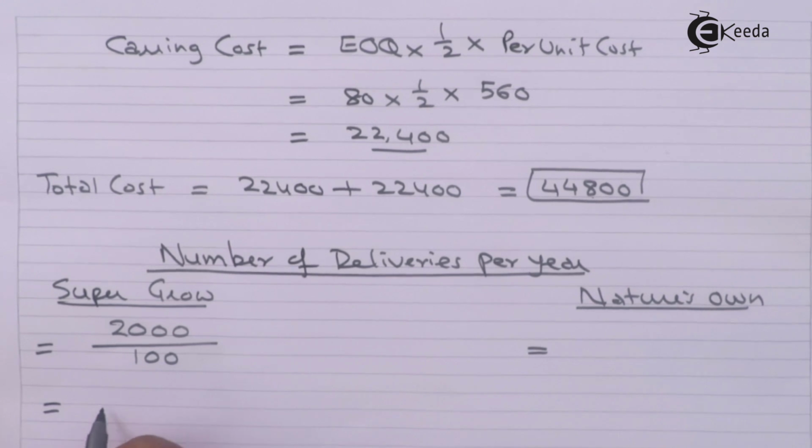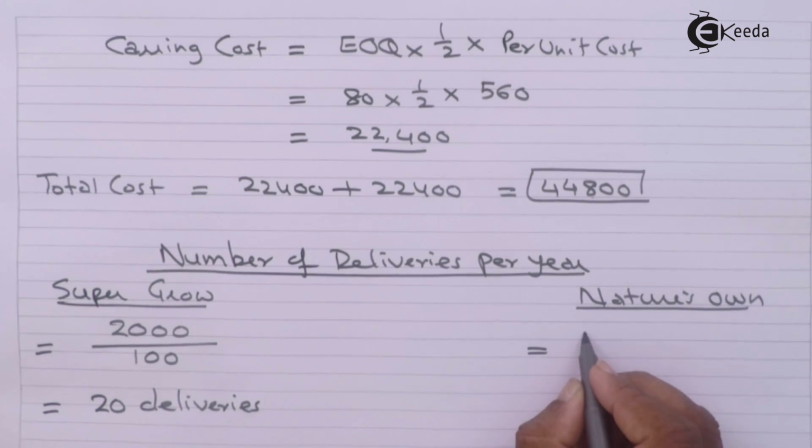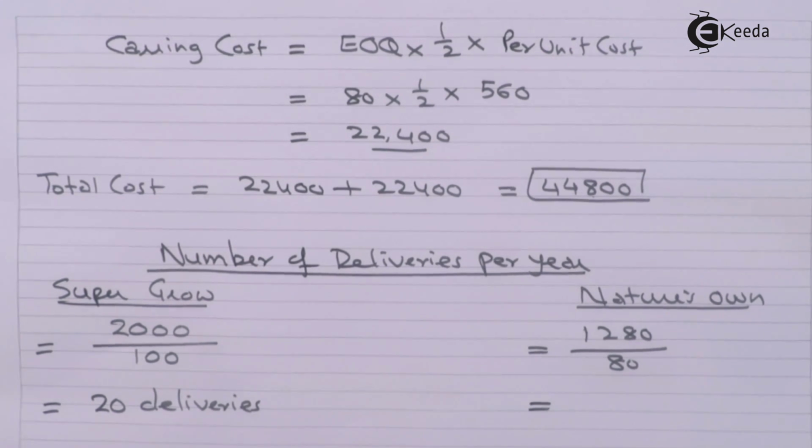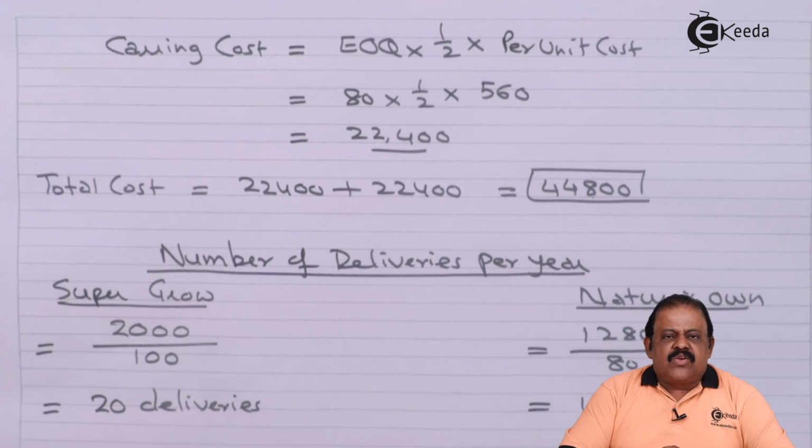So answer will be 20, that is 20 deliveries. In case of Nature's Own, annual demand is 1280, economic order quantity 80 units, so it will be 16 deliveries. Thus we have calculated various requirements of the question relating to economic order quantity.